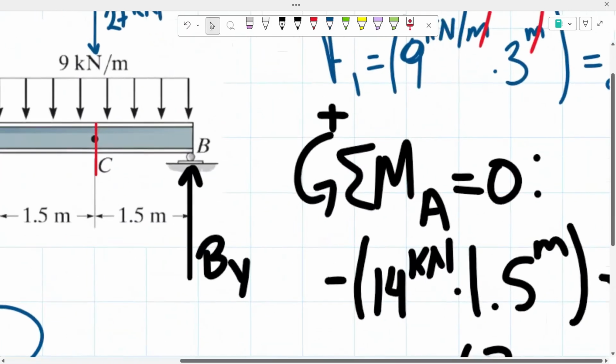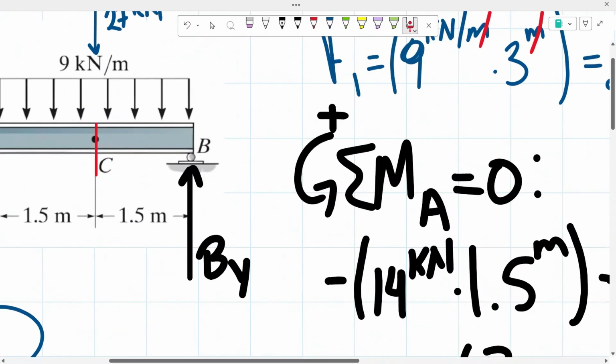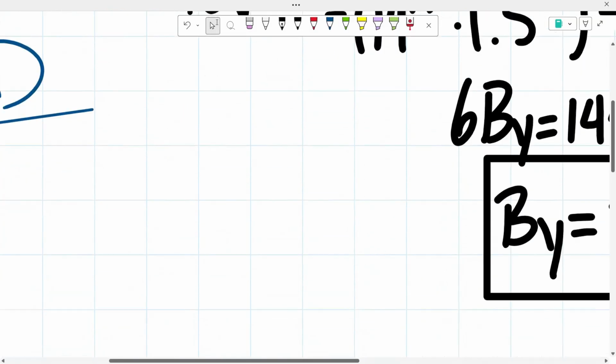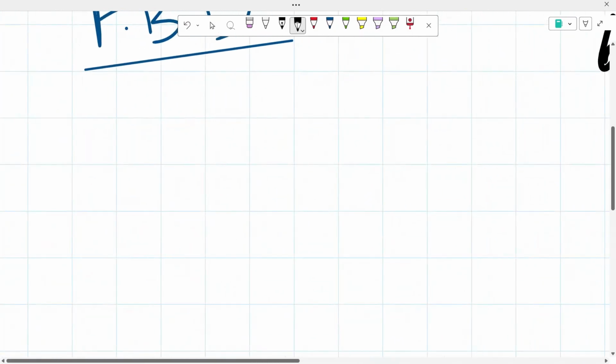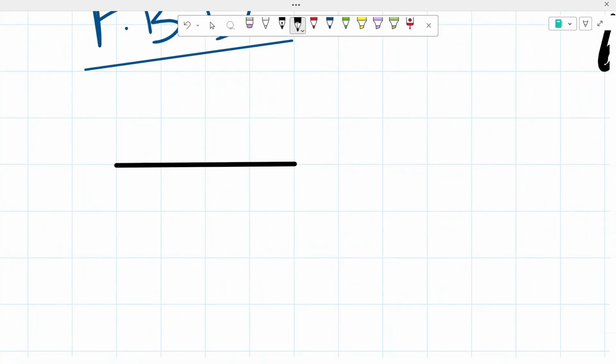As you guys can see, our free body diagram will consist of the 1.5 meter span of the beam with the distributed loading throughout the whole beam that we're working with, our reaction at B sub y, and our cut will be on the left side of the beam. So we could go ahead and draw that out. So we said our beam, and all that beam will have the distributed loading on it.